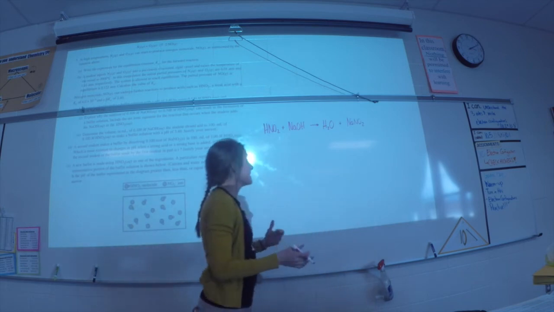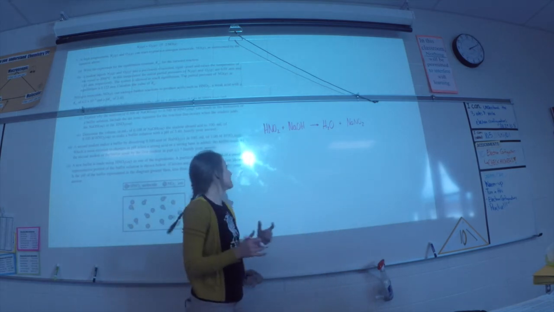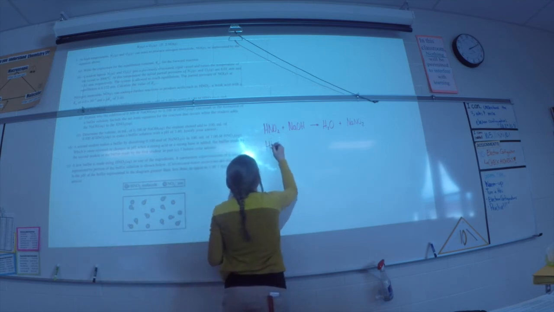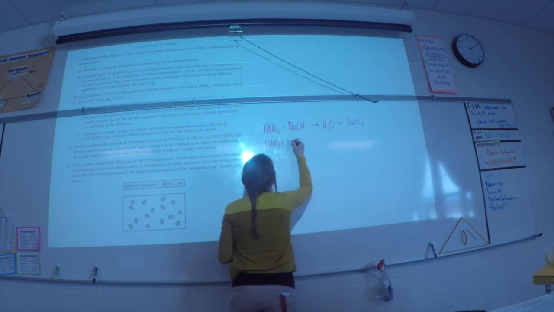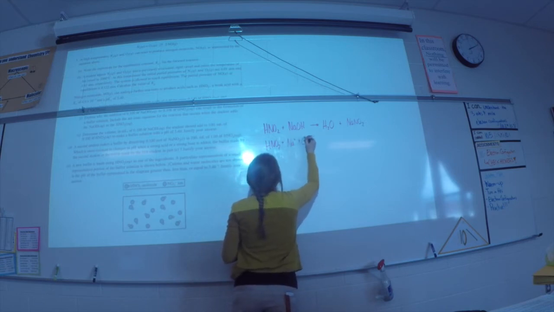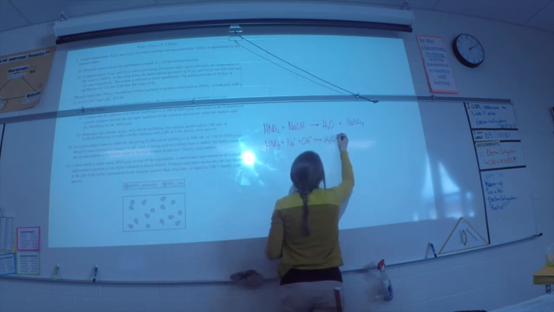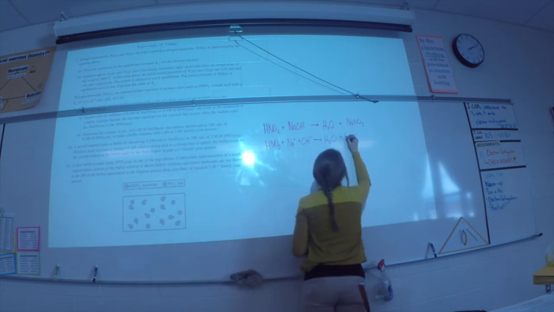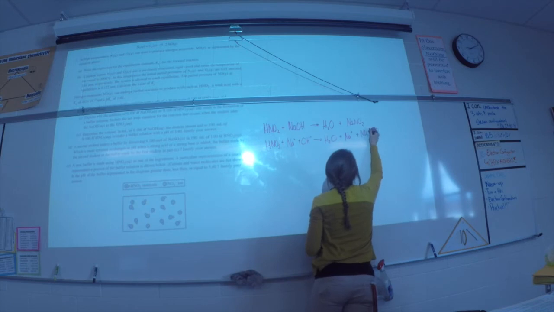Now to get to the net is we take out the things that are just spectating, right? Now this is a weak acid, so it stays together, so it's HNO2. The strong base, though, splits apart. And then sodium salts also break apart, so this would be Na plus and NO2 minus.